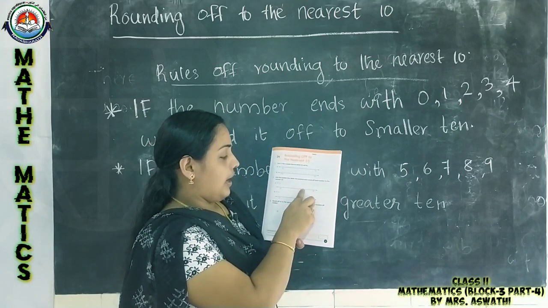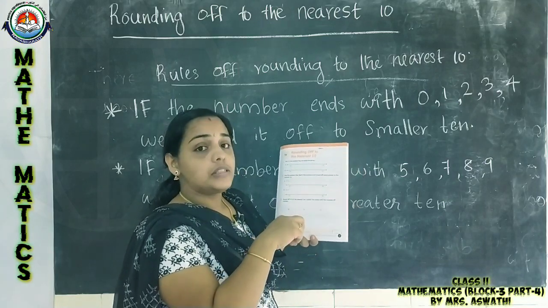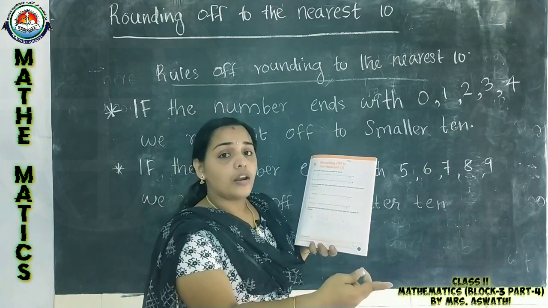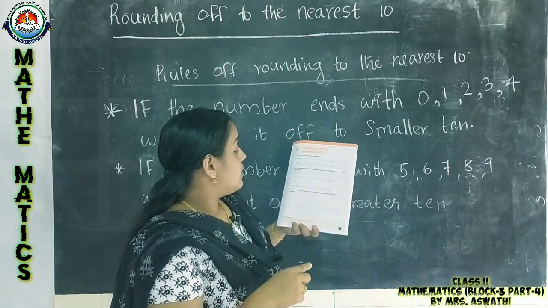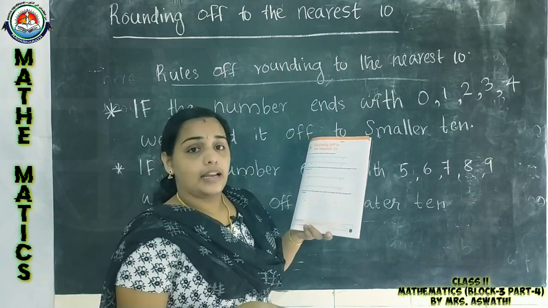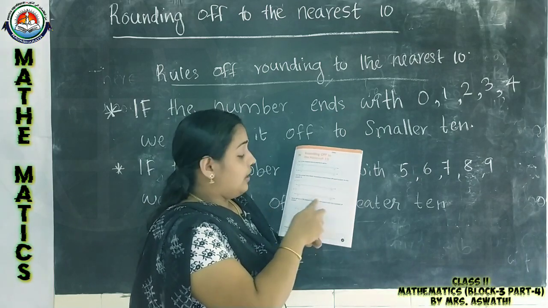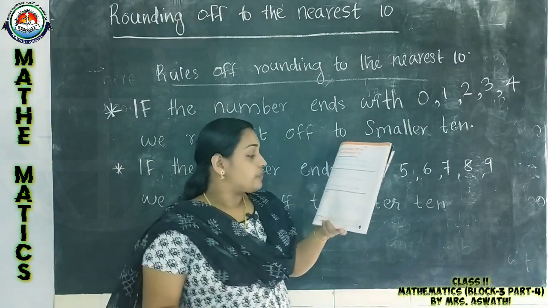Check where the midpoint is, and whether 37 comes after or before the midpoint. Then find the nearest 10. Is it the smaller 10 or the greater 10? Then the second number, 75. Similarly, you can do that.